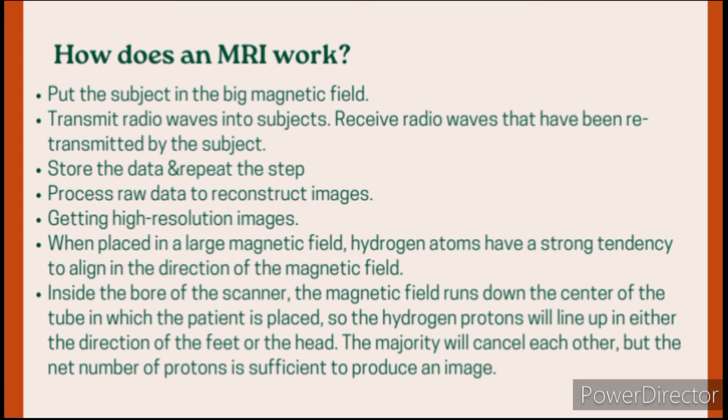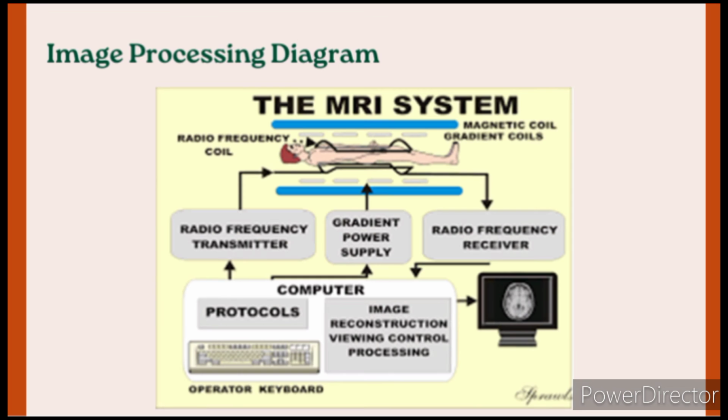And lastly, inside the bore of the scanner, the magnetic field runs down the center of the tube in which the patient is placed, so the hydrogen protons will line up in either the direction of the feet or the head. The majority will cancel each other, but the net number of protons is sufficient to produce an image. So this is the image processing diagram of the MRI system.